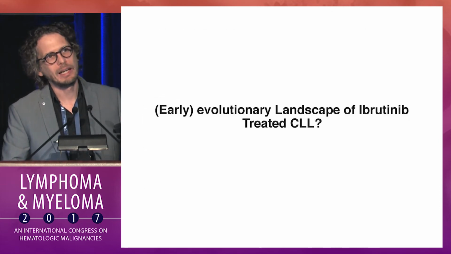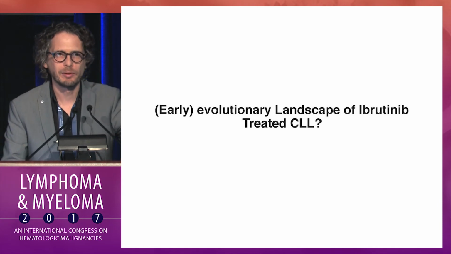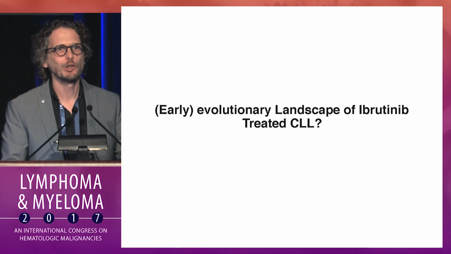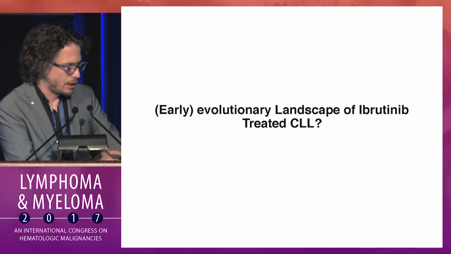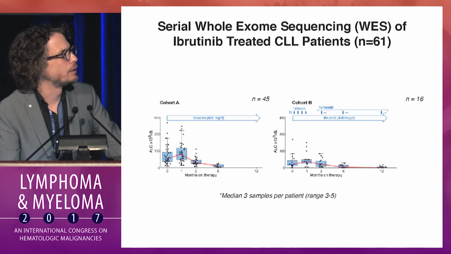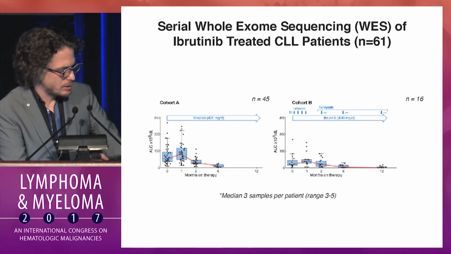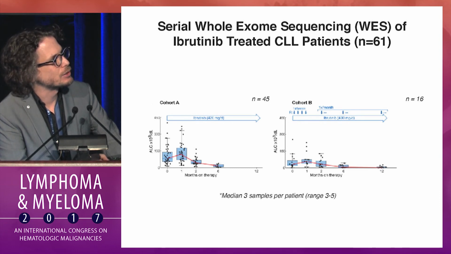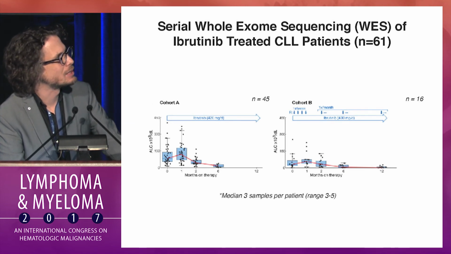The idea that we can now represent clones mathematically, extrapolate forward, and extrapolate backward motivated us to ask: can we start doing this earlier in the disease course? For this, we teamed up with Adrian Wissner and Jan Berger and started profiling patients treated with Ibrutinib at very high frequency early on in their therapy, during the first year, before any of them experienced any relapse disease.